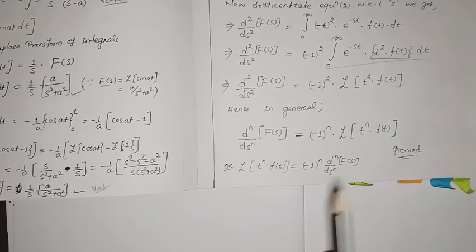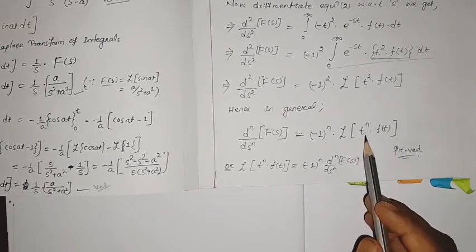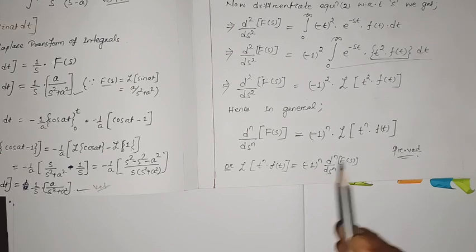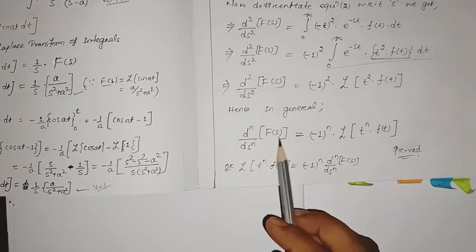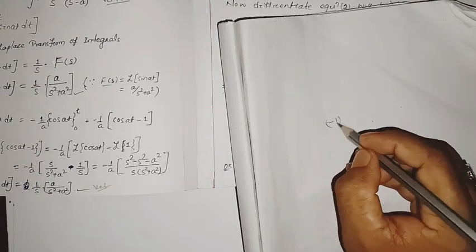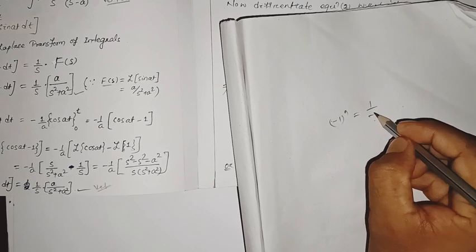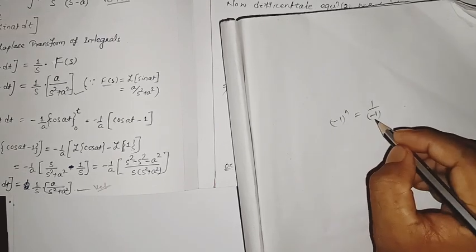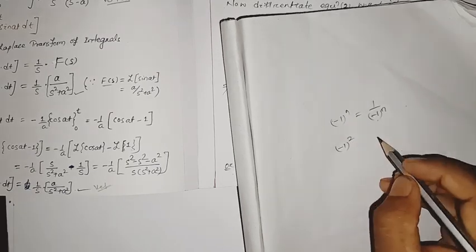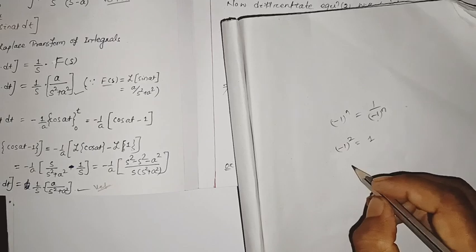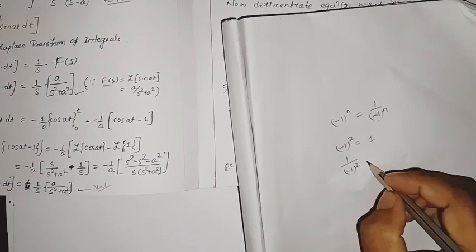Okay, so we can write Laplace transform of t to the n into f of t will be equal to minus 1 to the power n, nth derivative of F of s, because we know that minus 1 to the power n is nothing but 1 by minus 1 to the power n. Minus 1 to the power 2, suppose we consider, will be 1 by minus 1 to the power 2, also 1.